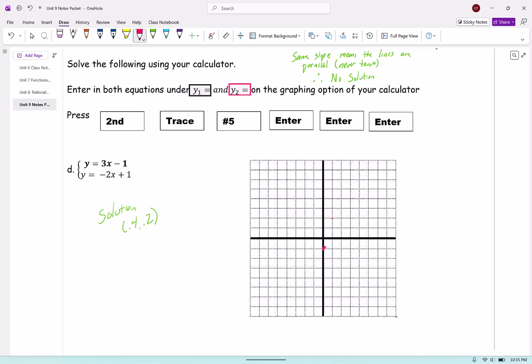We're going to go up 3 over 1, up 3 over 1. And then we got plus 1, and it's going to be down 2 over 1, down 2 over 1. And so, right there.